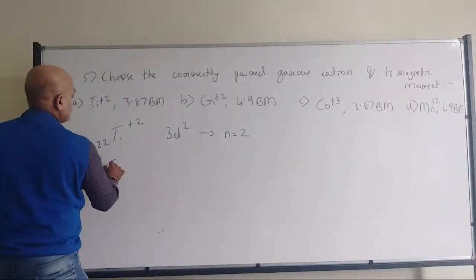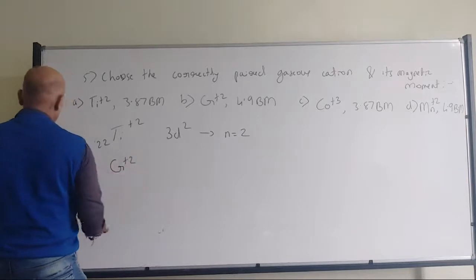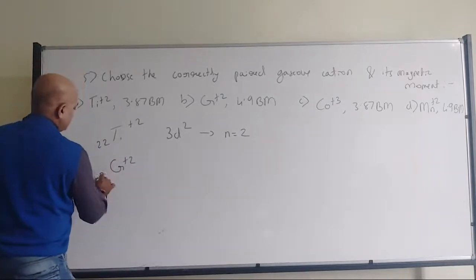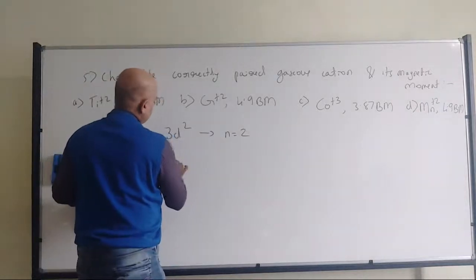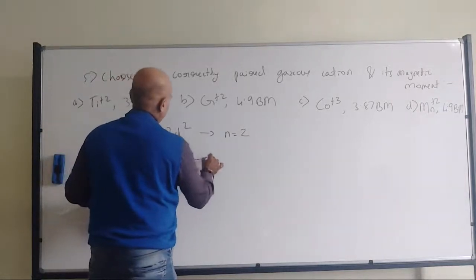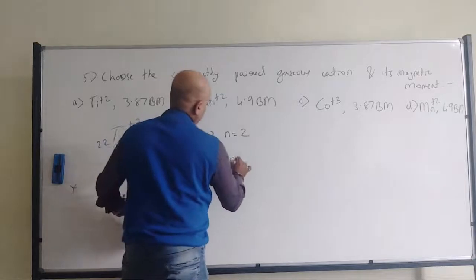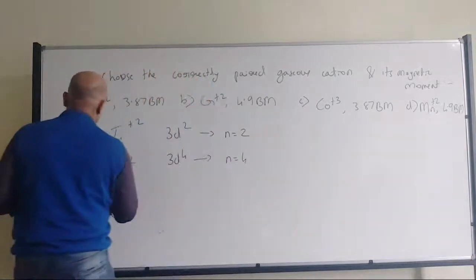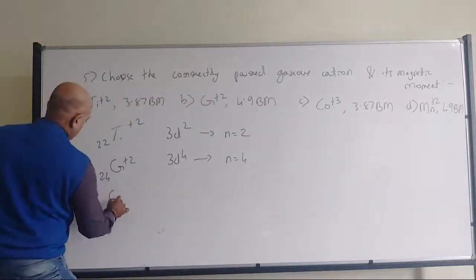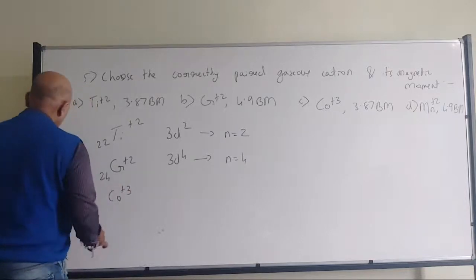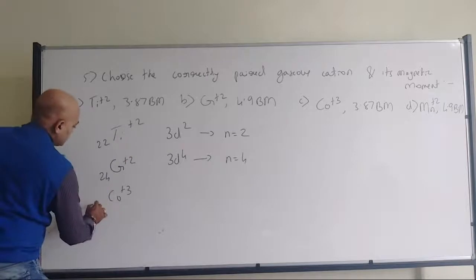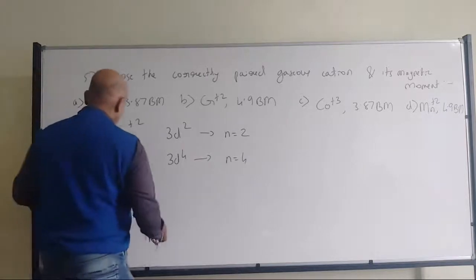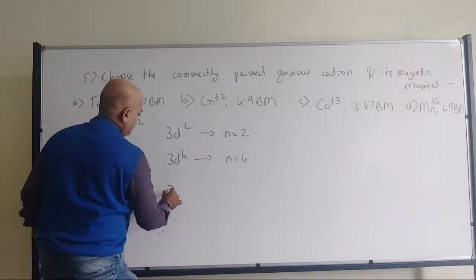Same way, we have chromium plus 2. Chromium is 24, so plus 2 should be 3d4. So n is equal to 4. Next, cobalt plus 3. Cobalt is next to iron, 27.